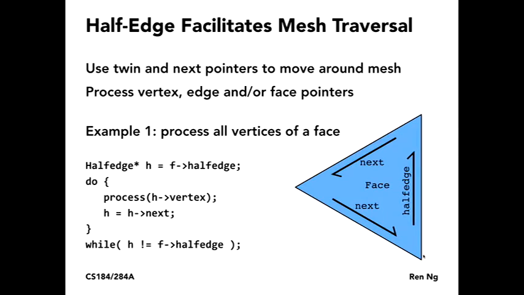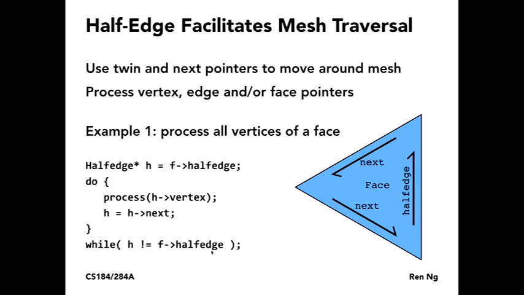That's going to be the vertex in this diagram down here, connected to that half edge. Then we'll just advance the current half edge to the next one. So start here, moved over there. Great. Just keep doing that, and that will serially process all the vertexes around this face. And we stop when we get back to the face's original half edge.